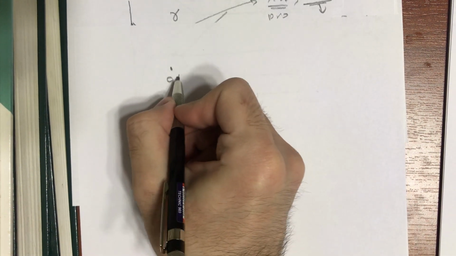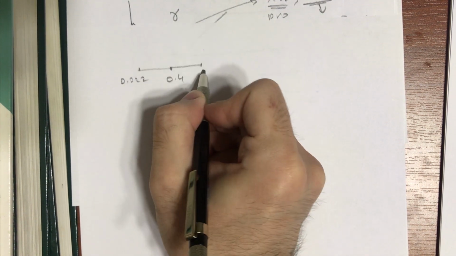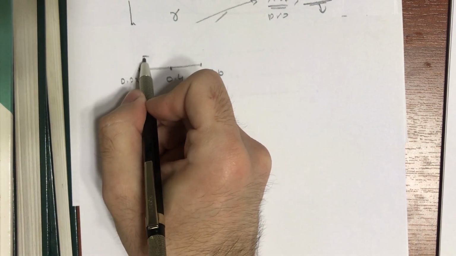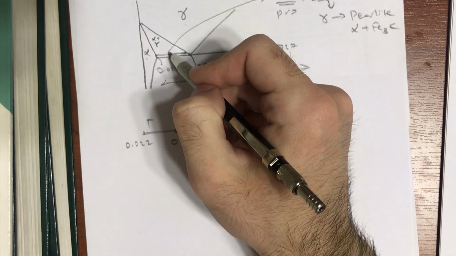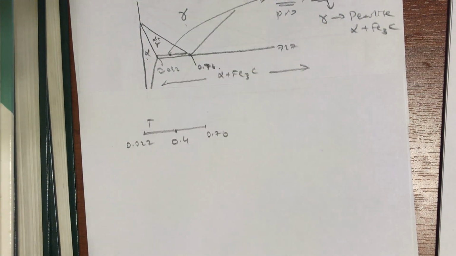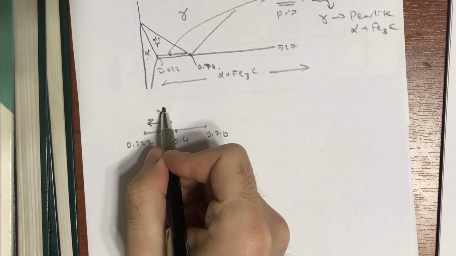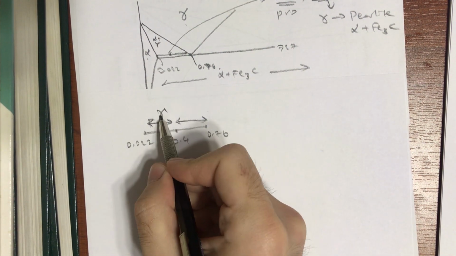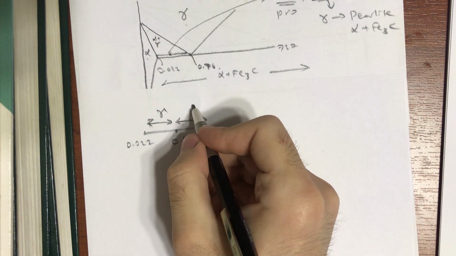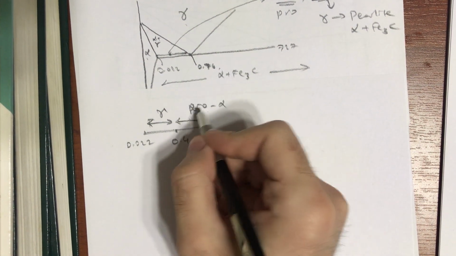Okay, so let's do that lever rule calculation. Our composition is 0.4, with 0.022 and 0.76 on either side. Now we are above 727. We have no cementite, but we have alpha and gamma. This part here will give you gamma, the austenite phase, and this part here will give you the proeutectoid alpha phase. Let's denote it as pro alpha.